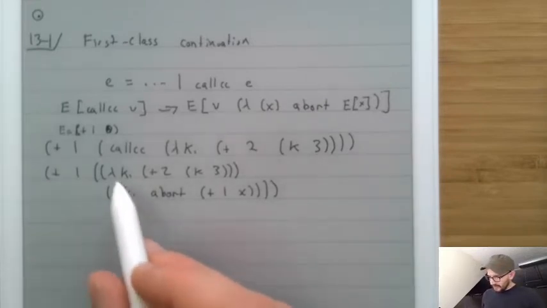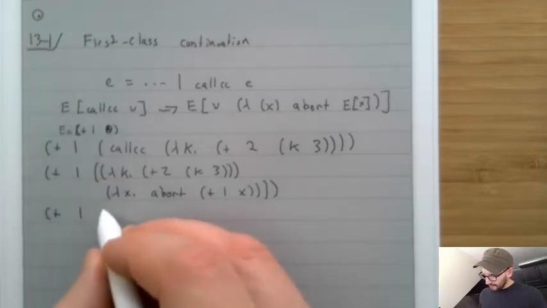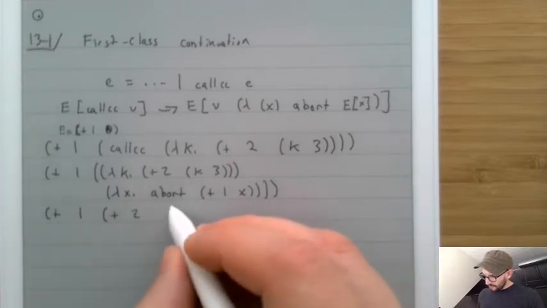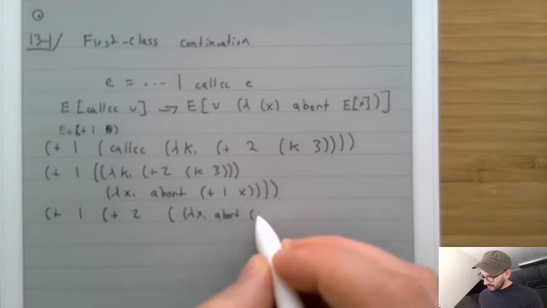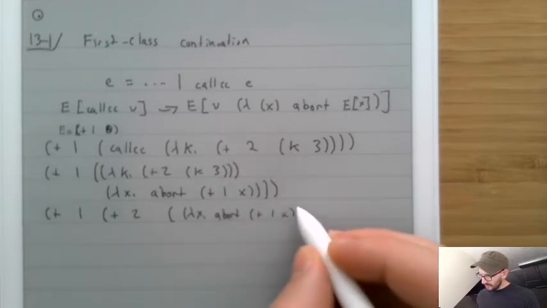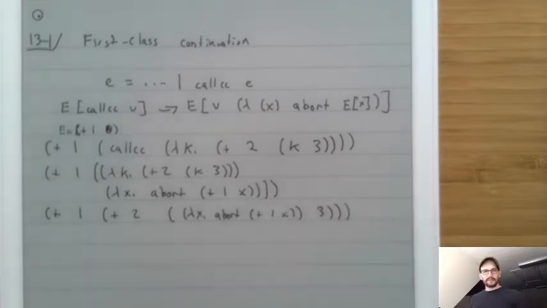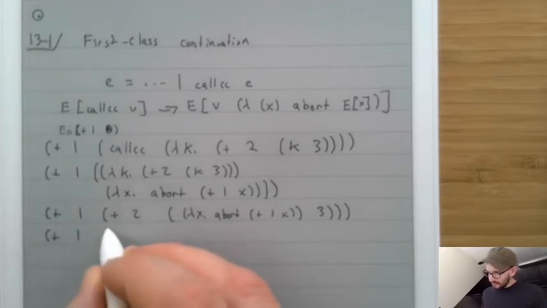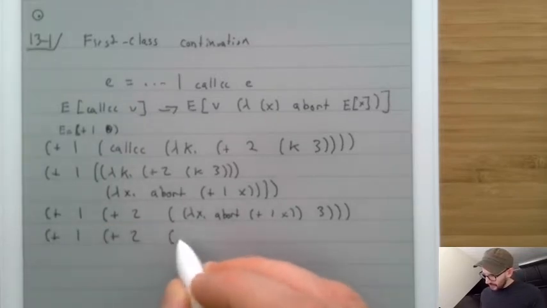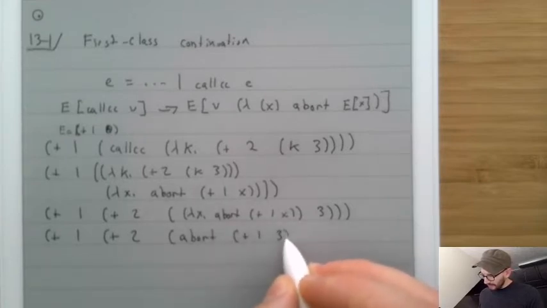Now this function right here gets substituted for k. So we're going to end up with +1, +2, then we're going to have lambda x, abort, +1x, close that parenthesis, and then we're applying this to 3. All right? Now the next redex is applying this 3. So we're going to take that 3 and substitute it in. So we're going to get +1, +2, and then we're going to get abort of +1, 3.